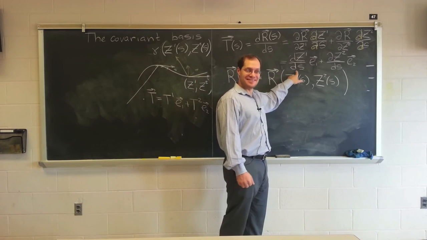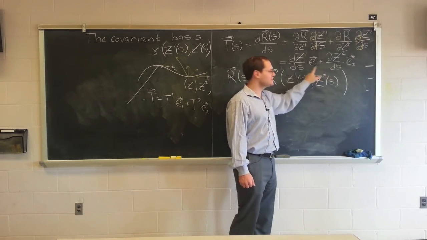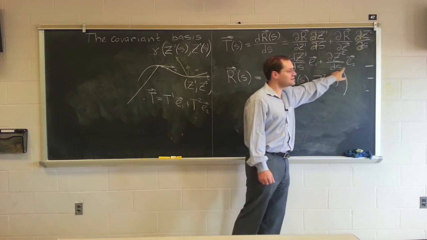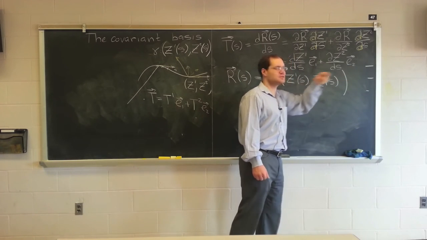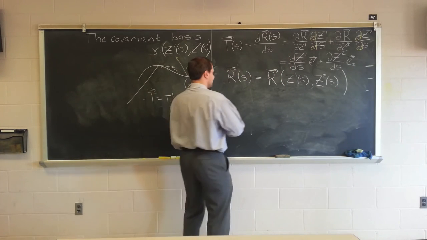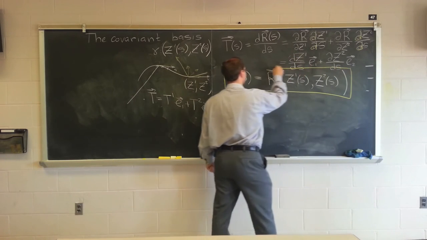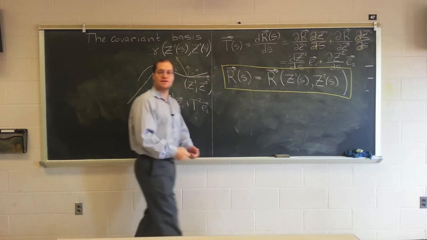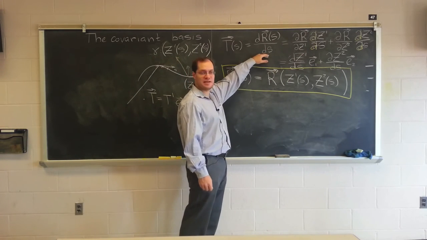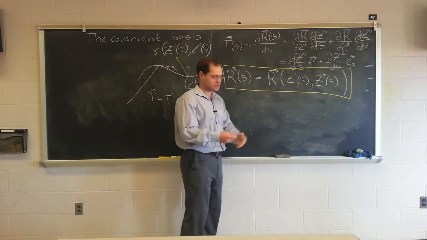This is T1, and this is T2. This is the component of the unit tangent with respect to E1, and this is the component of the unit tangent with respect to E2. Super simple calculation. You just have to write, this is the hard part, the right identity, which requires thinking very carefully. What's a function of what? This will be the hard part. From here on, you just have to be careful, slow, and enjoy the process. And the answer will emerge on its own.